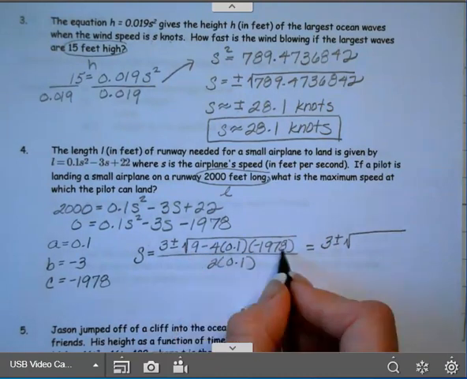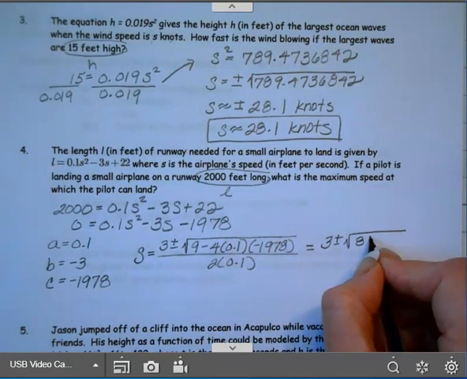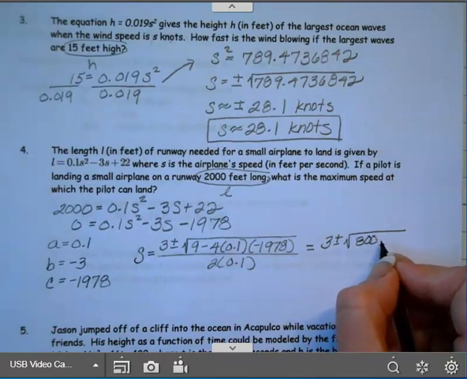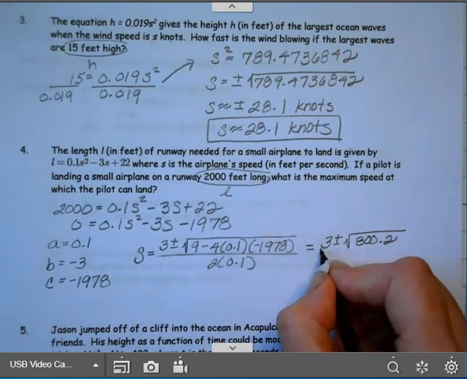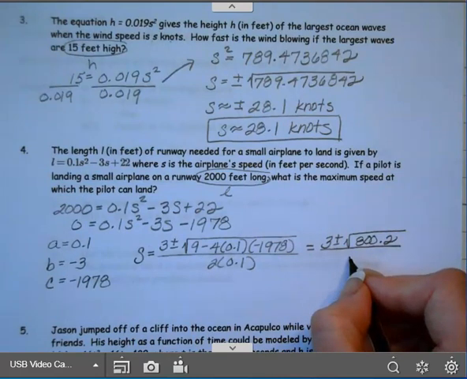The discriminant, which is what's under the radical, is 800.2. And then that's all divided by 0.2.